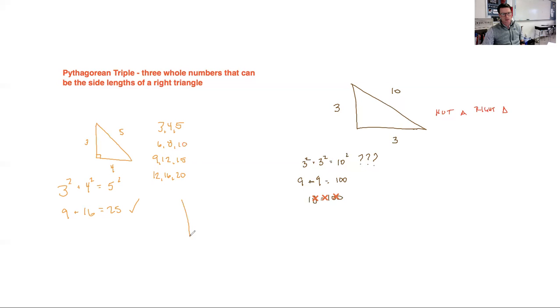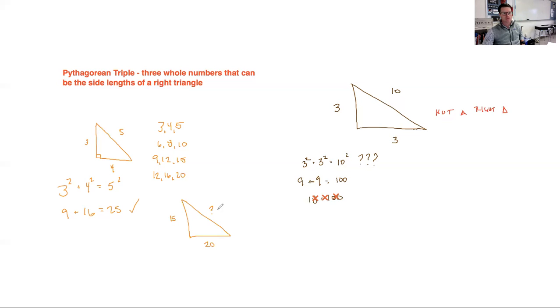So that means if I had a triangle that was a 15, 20, what is this side? Well, I might recognize that these are multiples of the 3 and 4 sides. 3 times 5 is 15, 4 times 5 is 20.